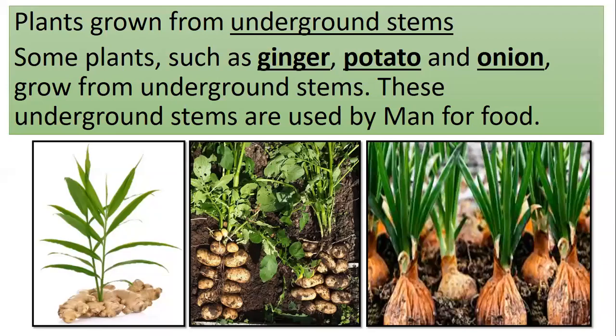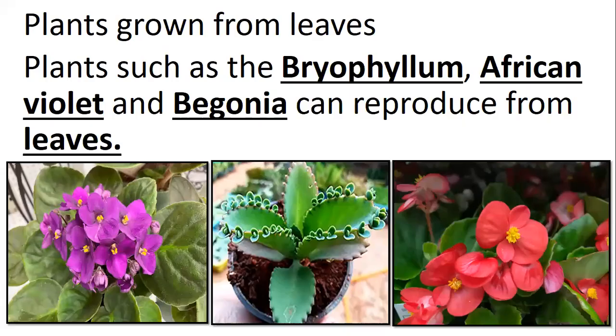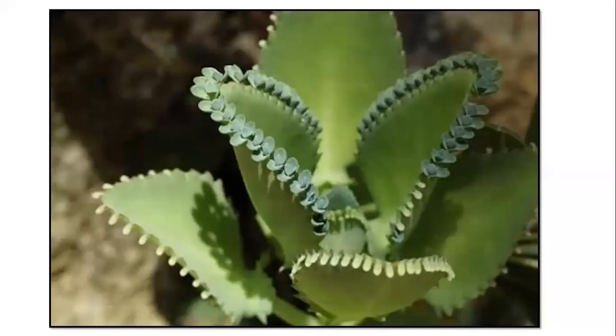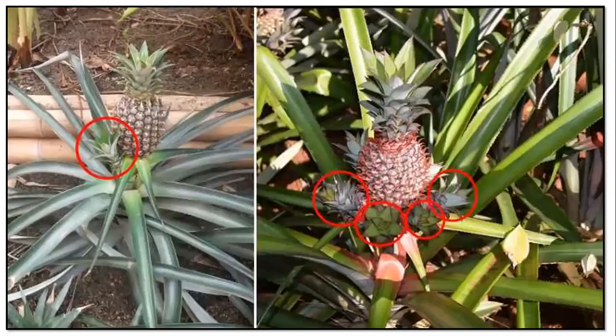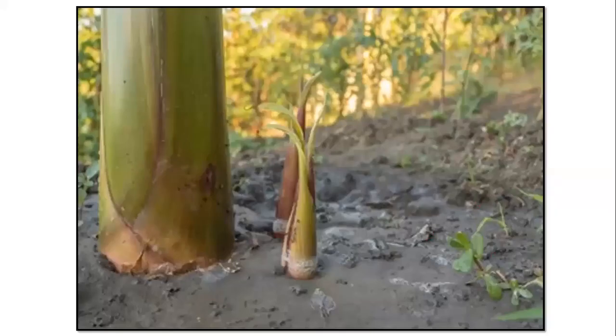Number one, underground stems. Number two, plants grown from leaves. And then plants grown from suckers like this. This is what we call the suckers here. That is the baby plant. And this one too, this is the banana, baby banana.